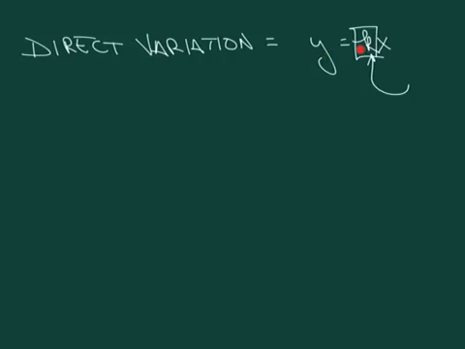And so that's why you have to find it first, because once you find k, then everything else kind of revolves around that. And again, every time you do a different problem, you're going to have a different k. So that's why you have to find it first, because you can't really do much unless you know what your k is. So I'm going to write my formula for direct variation there.